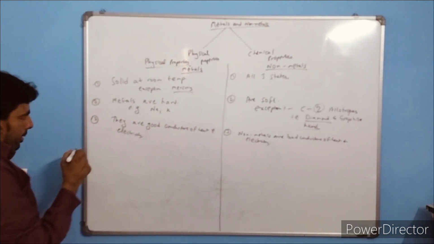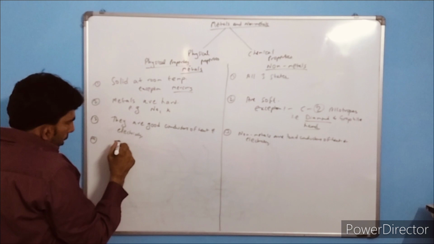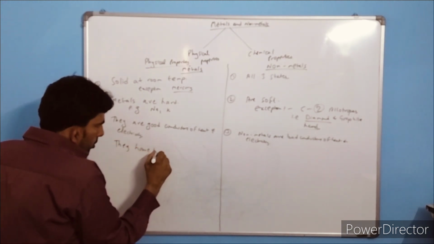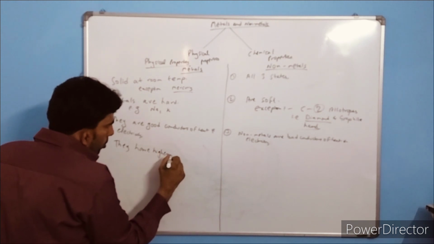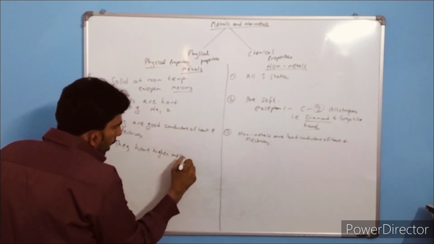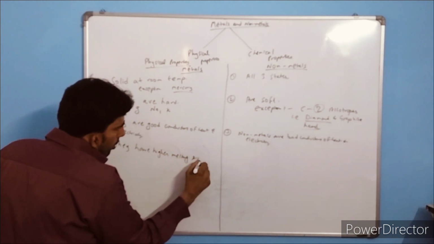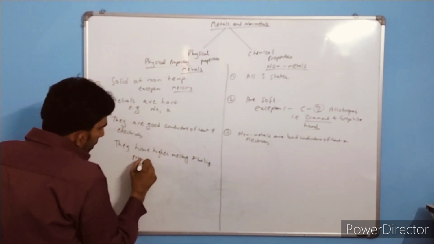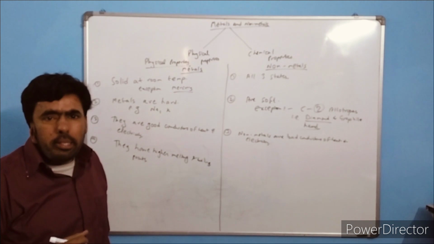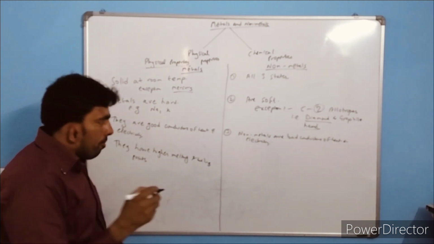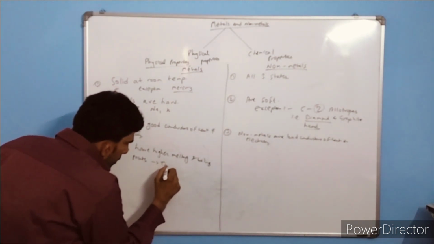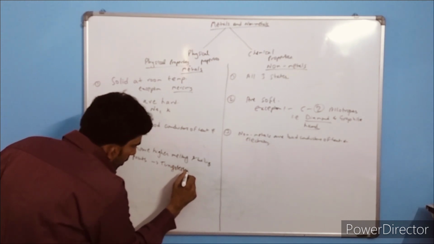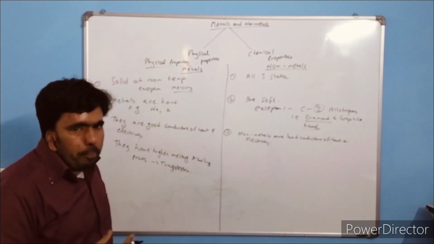Fourth, metals have higher melting and boiling points. For example, take tungsten.